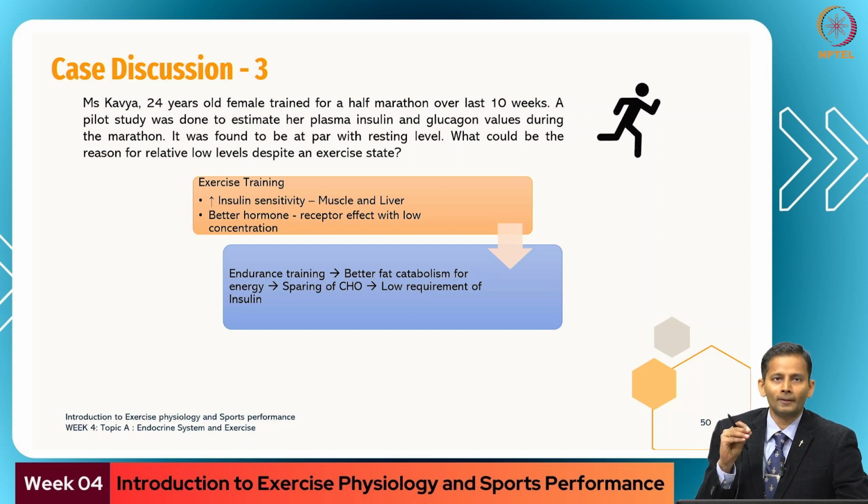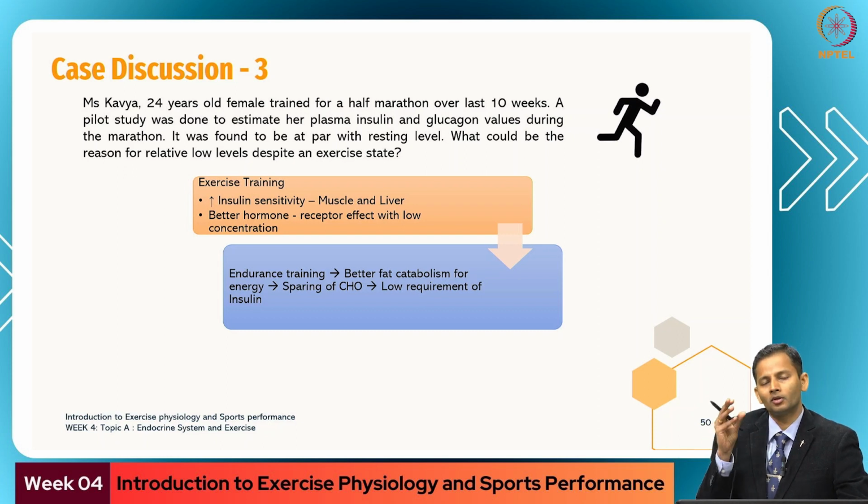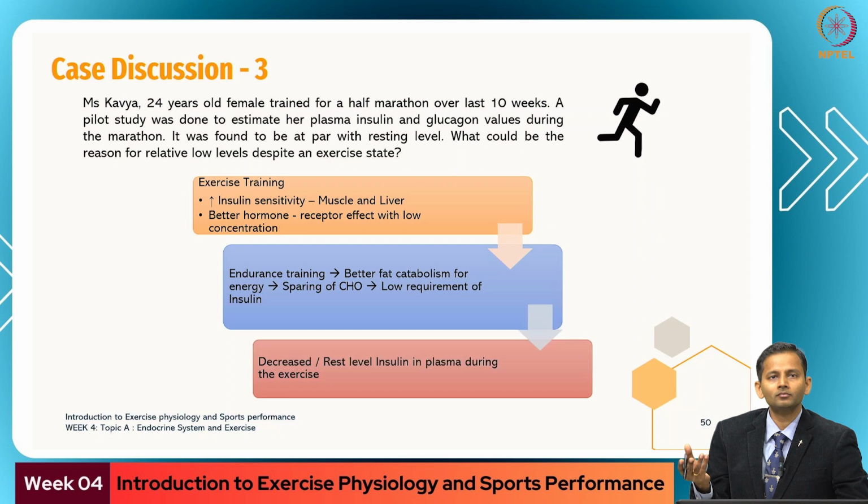So thereby the need for insulin is low to maintain the blood glucose level, because for a prolonged period of time during the submaximal state, it is the fat which gives 50% of the energy source as fuel.